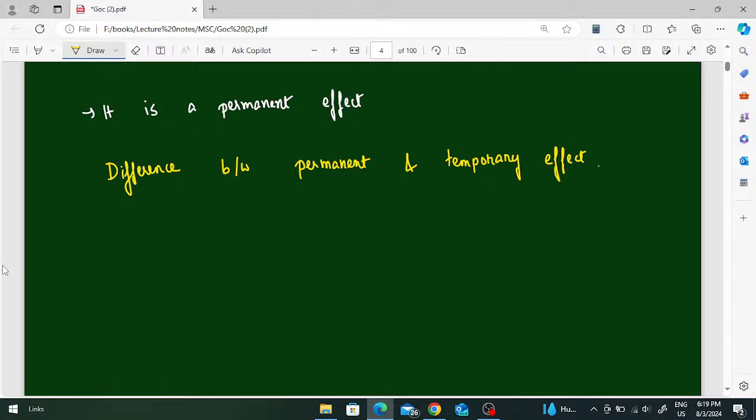Permanent effect is an inherent property of the molecule.